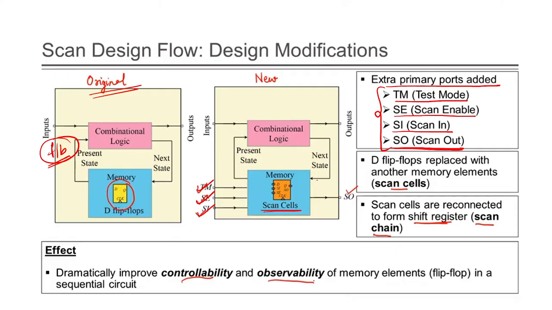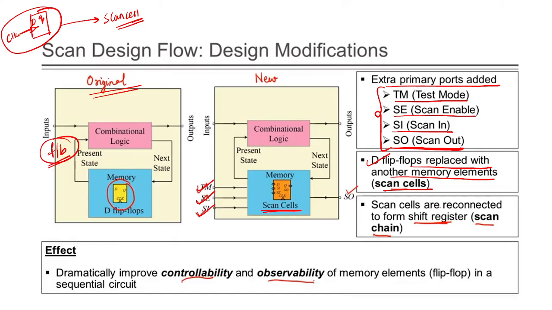Whatever D flip-flop is there, we already saw in digital that it has a D input, a Q output, and a common clock. You replace that D flip-flop with a scan cell.